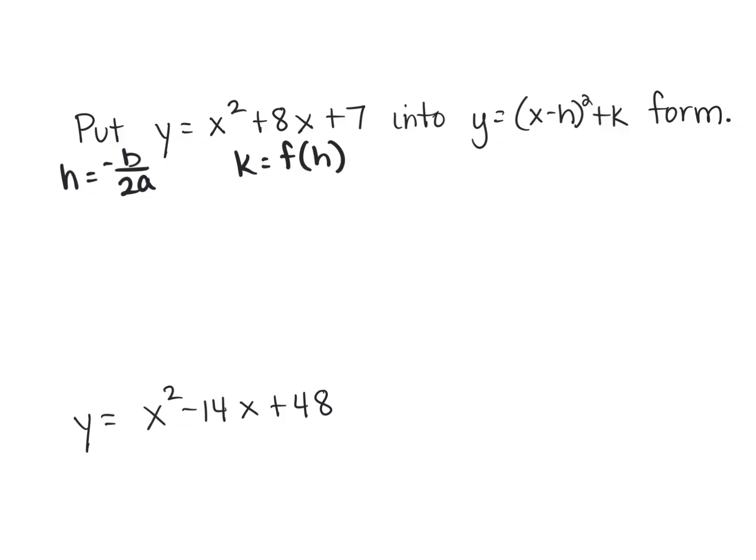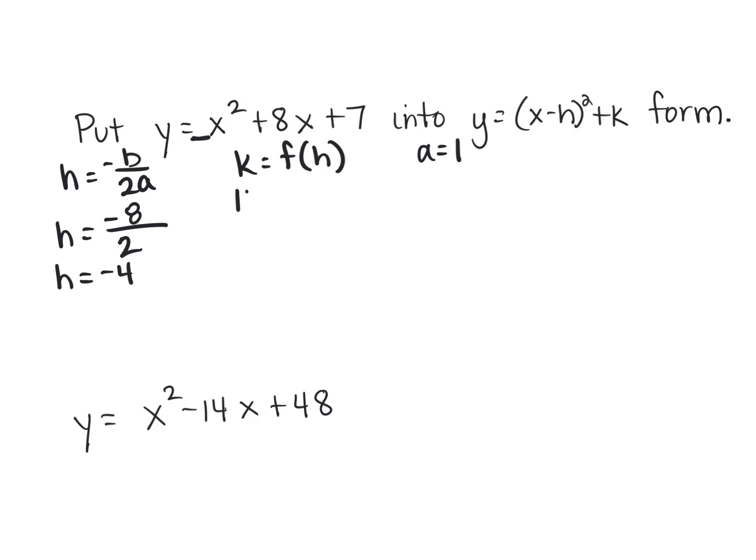And the only other thing that you have to do if you use this pattern is to decide from your given equation what a is. So in our case, a is equal to 1 because there is nothing written, so it's understood. So I'm going to do h is equal to -b, which is negative, and then I have b is 8. And then I do 2 times 1, which is 2, so my h value is -4.